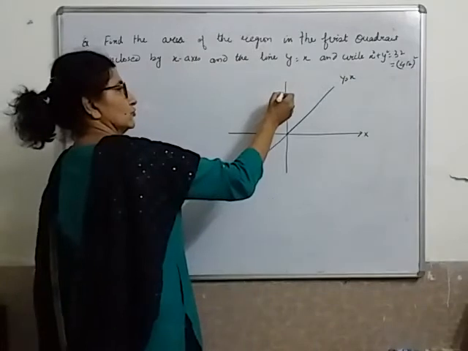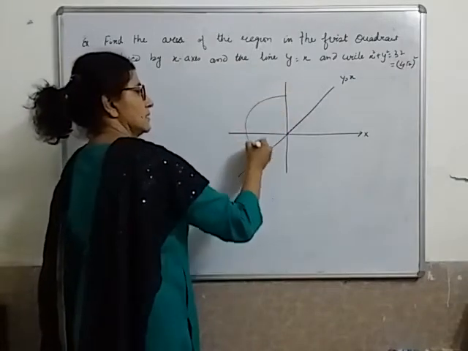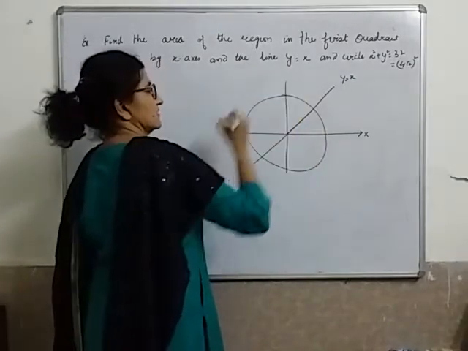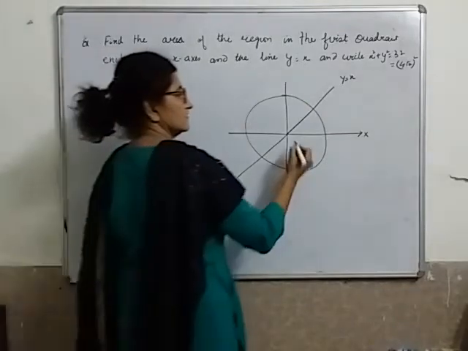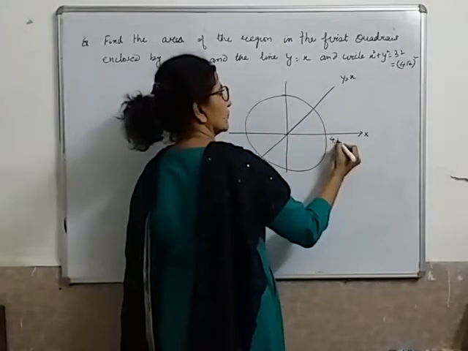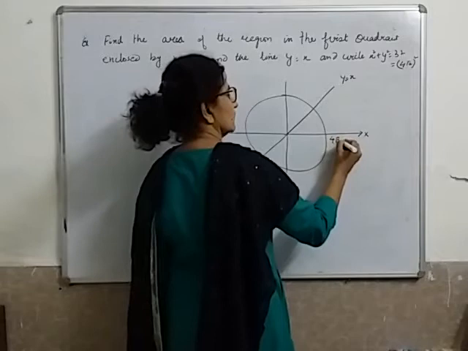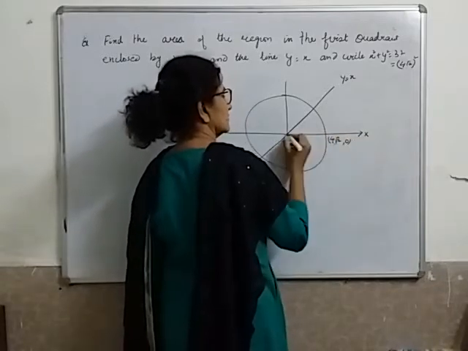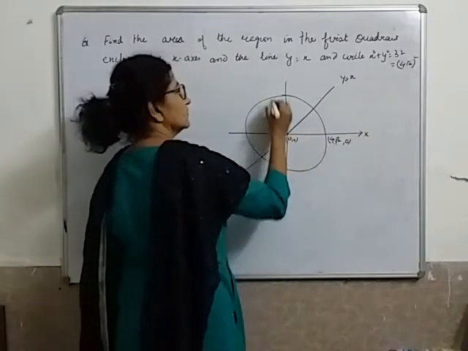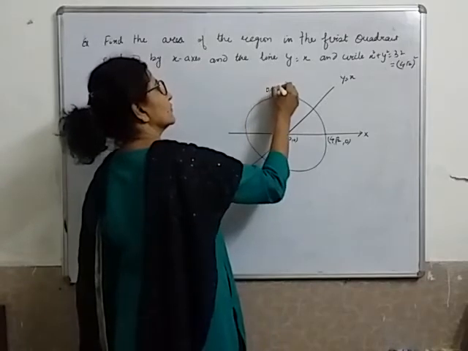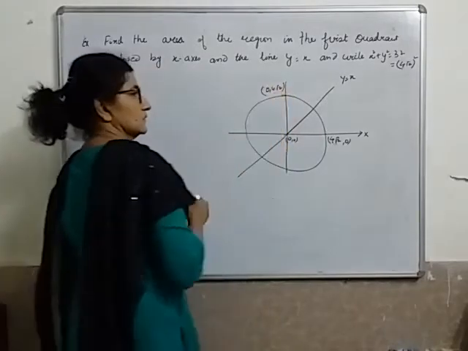Here a squared is 32, so a is 4 root 2. Okay? So I draw a circle with center at the origin, and this radius is 4 root 2. So the point will become this. This is 0 comma 0. This will be 0 comma 4 root 2 because this is also the radius.